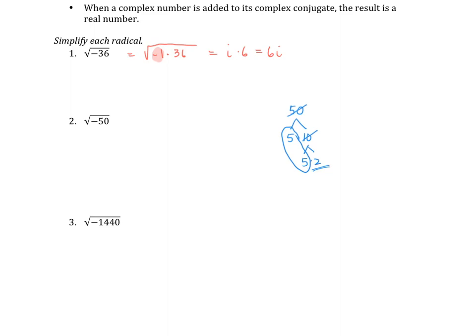So if I just had the square root of 50, that would simplify to 5 square root of 2. But since I have this negative out front, I need to take an i out with the 5. So the square root of -50 will simplify to 5i square root 2. Again, the negative can come out of the square root as an i.